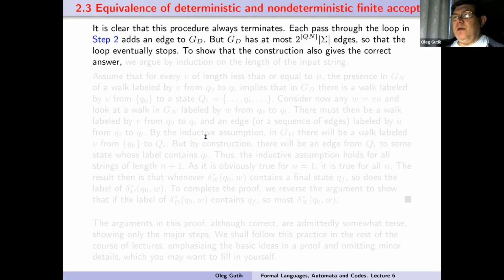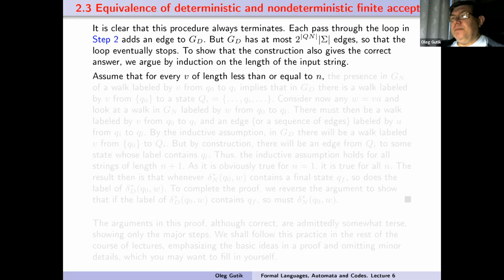To show that the construction also gives the correct answer, we argue by induction on the length of the input string.